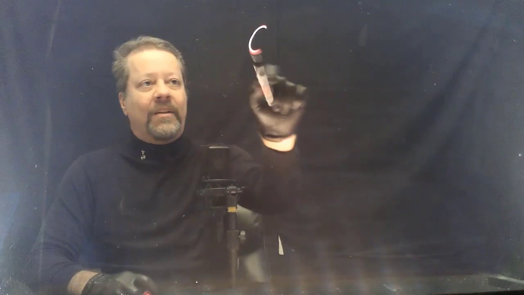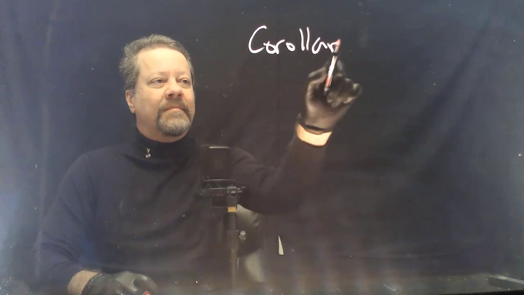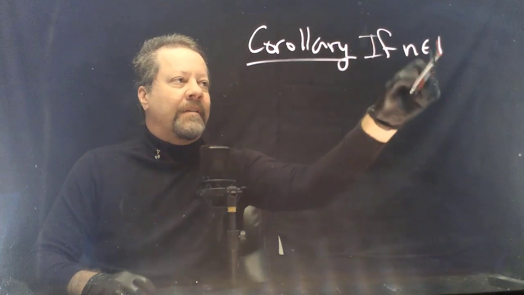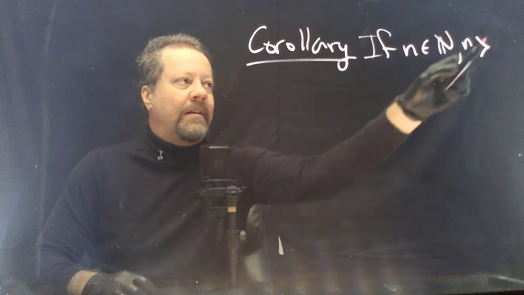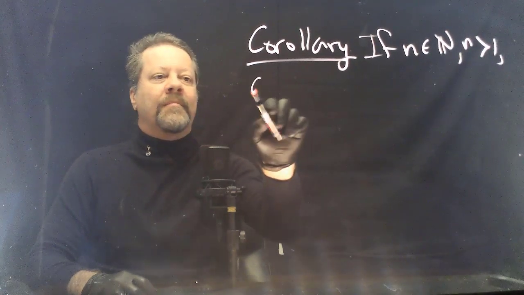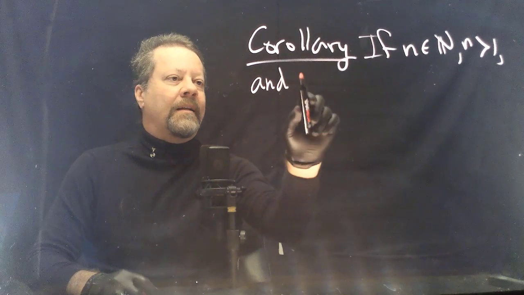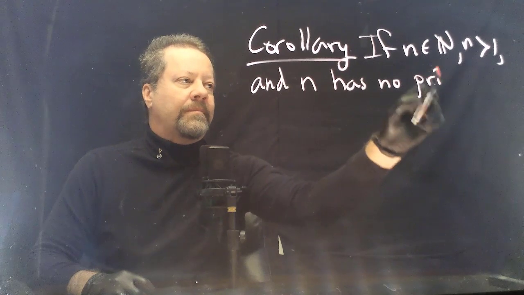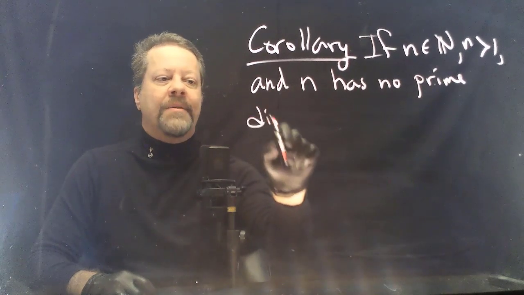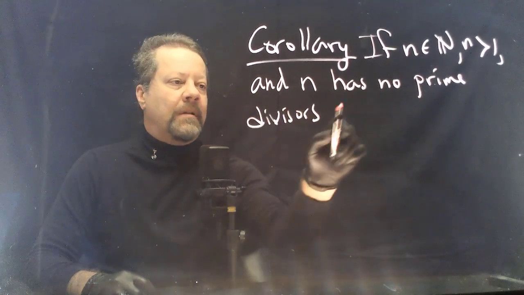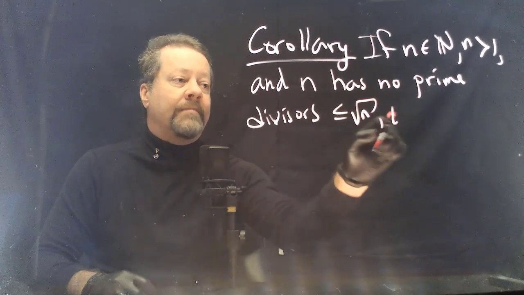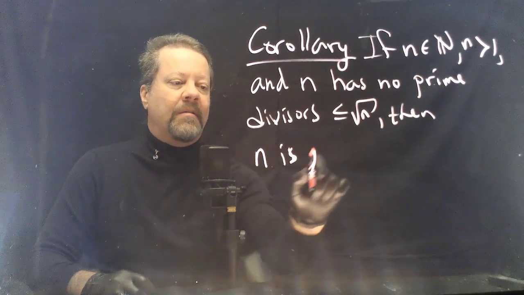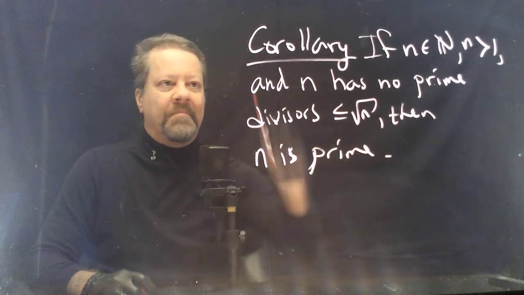An immediate corollary to this last theorem is that if n is a natural number greater than 1, and n has no prime divisors less than or equal to the square root of n, then n is prime.